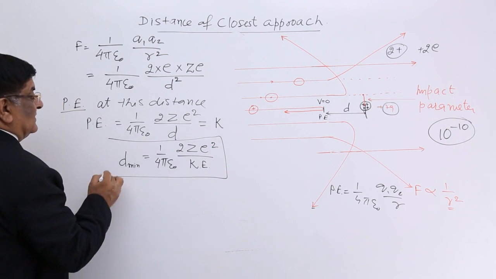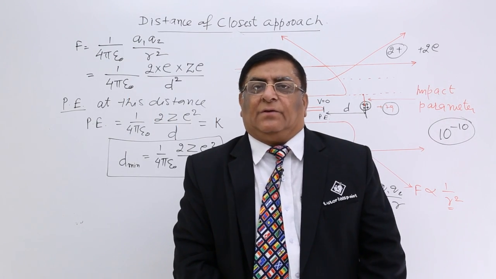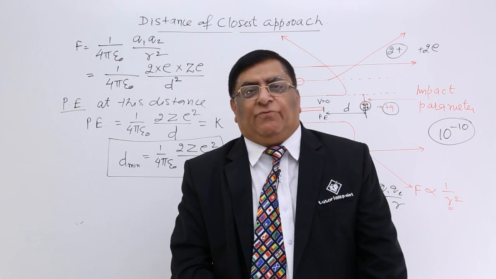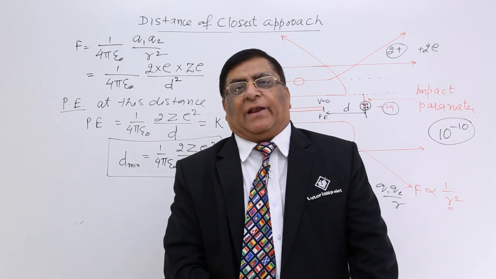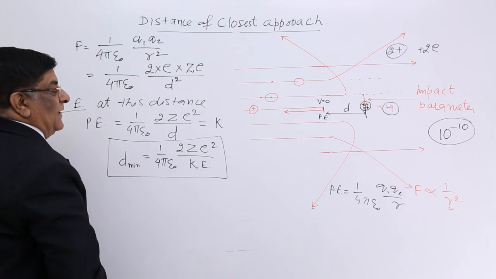Now kinetic energy of alpha particle is a known quantity to us, because when it leaves the radioactive particle, at that time we measure it and we know this value. This value is known to us for alpha particles.